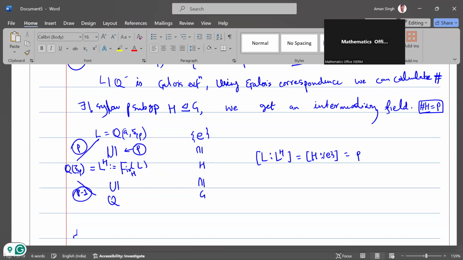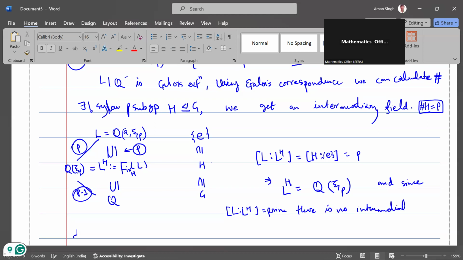So LS is explicitly nothing but Q of zeta P, and since L over LH is prime, there is no intermediate field between them.